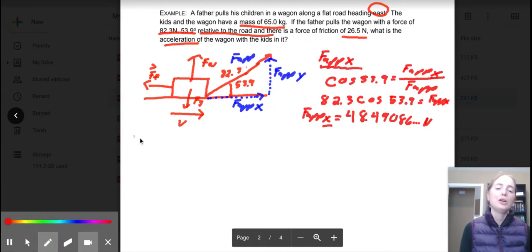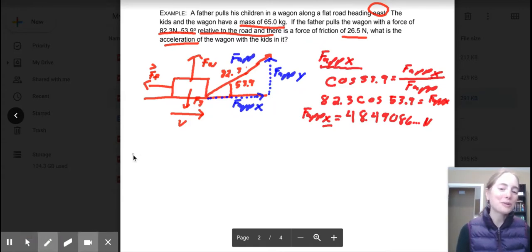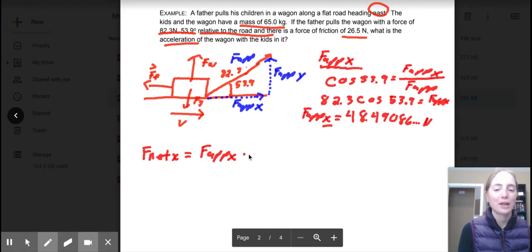Okay, so we're going to need to, as we've done previously, make an F net equation, except this time it's going to be on the x alone. So let's think carefully. Our force applied x is going to be contributing to our F net, and the force that's going to be impeding our motion is going to be the force of friction.